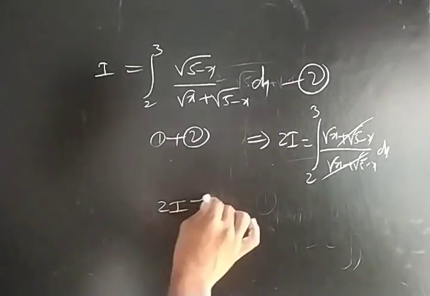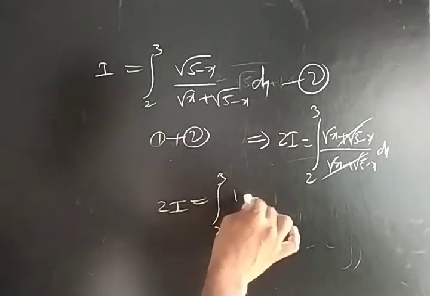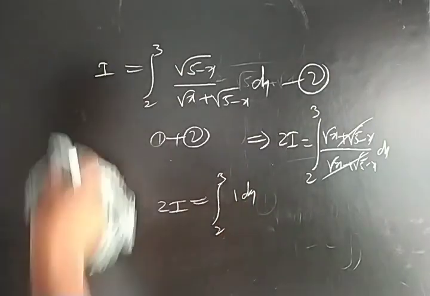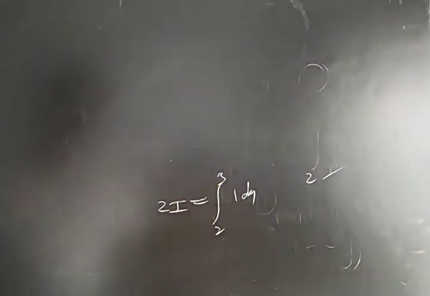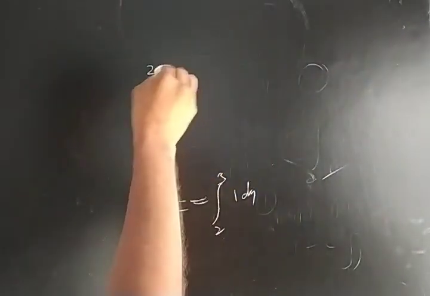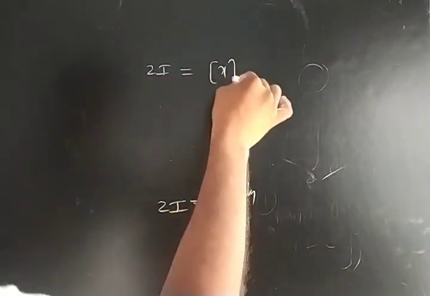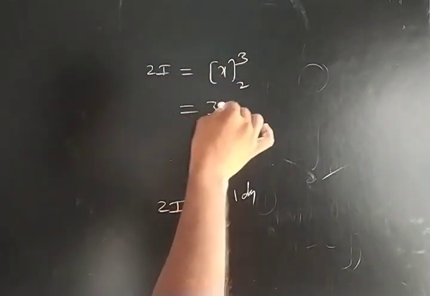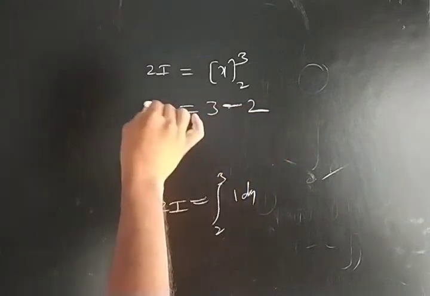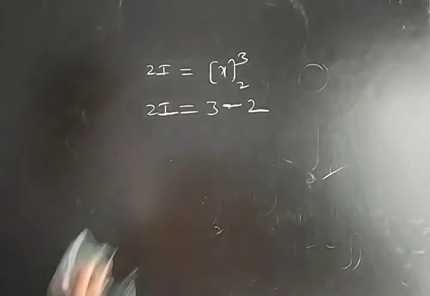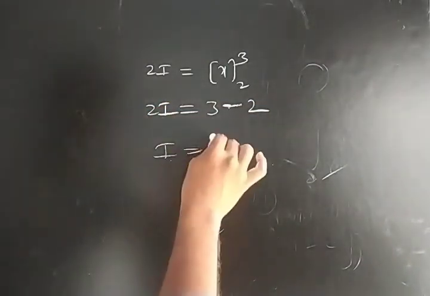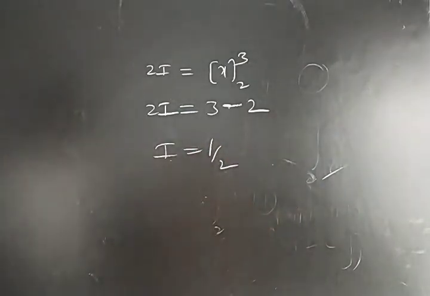So 2I equals the integral from 2 to 3 of 1 dx. The integration of 1 dx is x, with limits 2 to 3. So upper limit 3, lower limit 2. 2I equals 1, so I equals 1 by 2. So the integration value is 1 by 2 here.